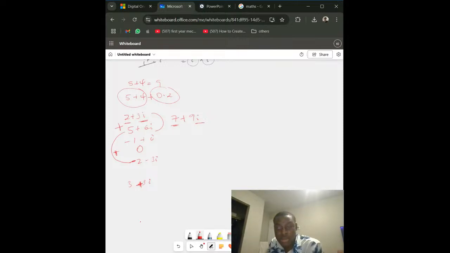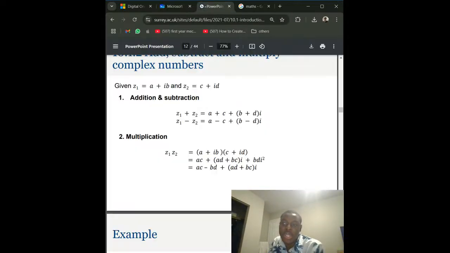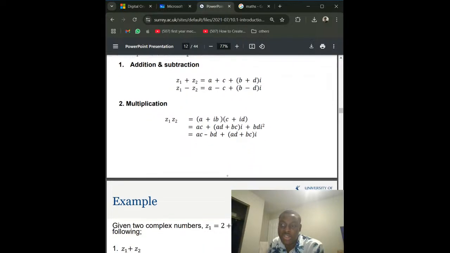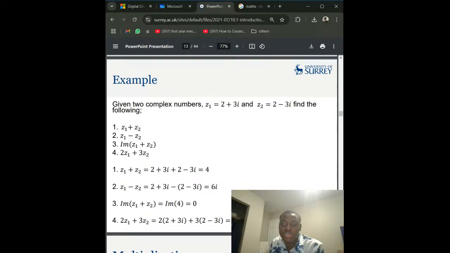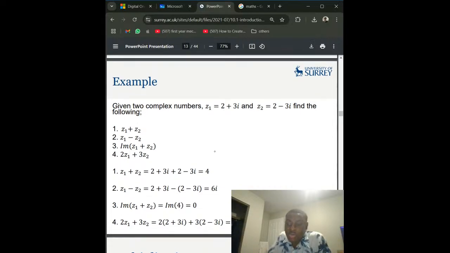Now, there are a couple more practice questions you could do on this. It gives us some questions right from there, so you could try it out and see what you guys think the answer would be. Here we have 2 plus 3i, then 2 minus 3i.